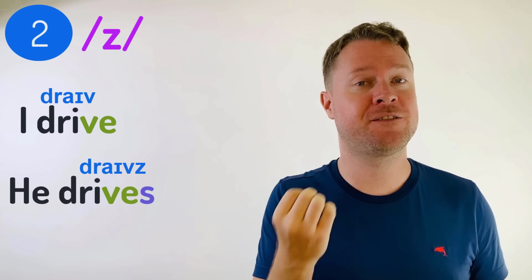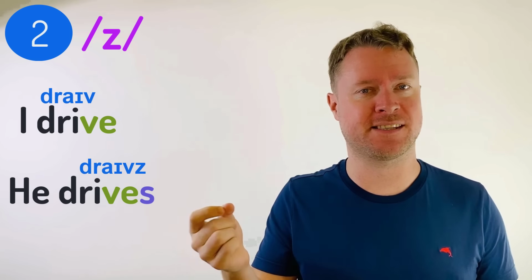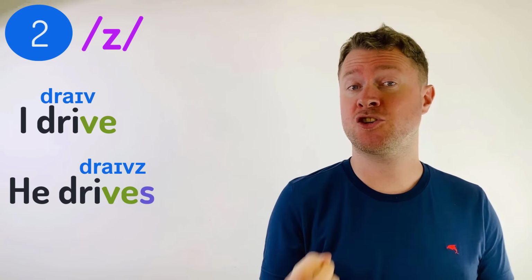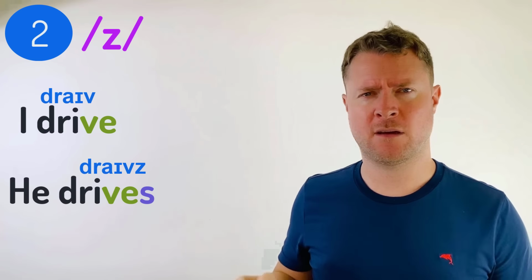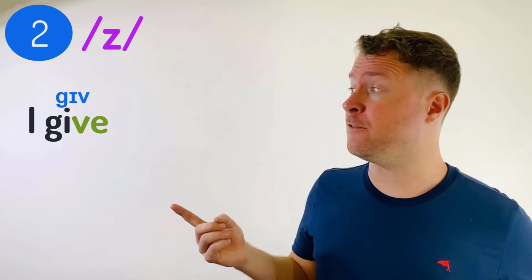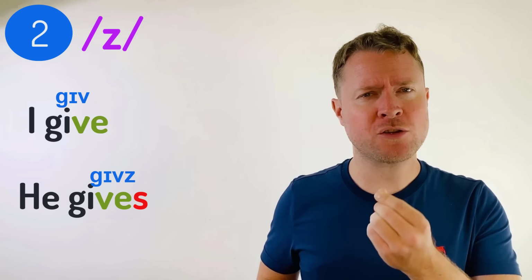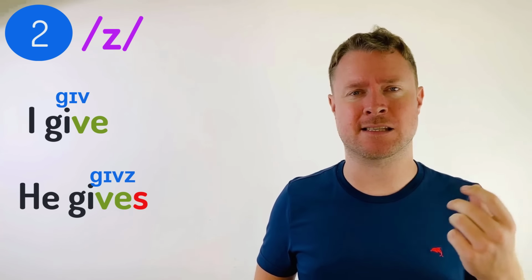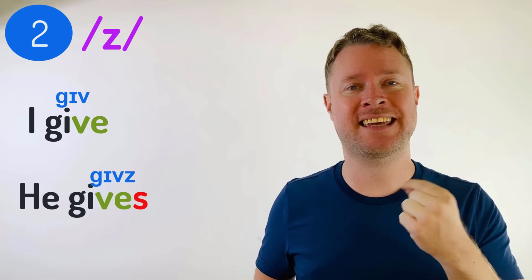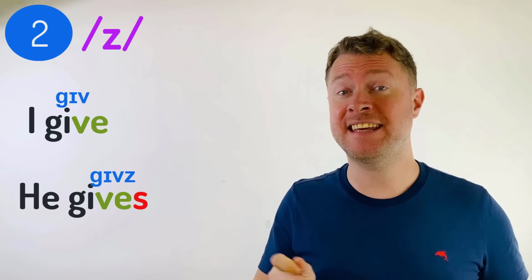You've got that v followed by z. So it's vz. I drive, she drives. I give, he gives. Watch closely with that v and z. Gives. I give, she gives.